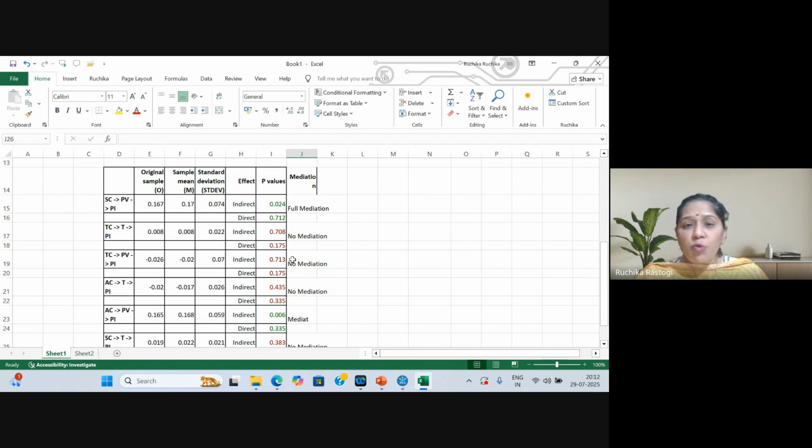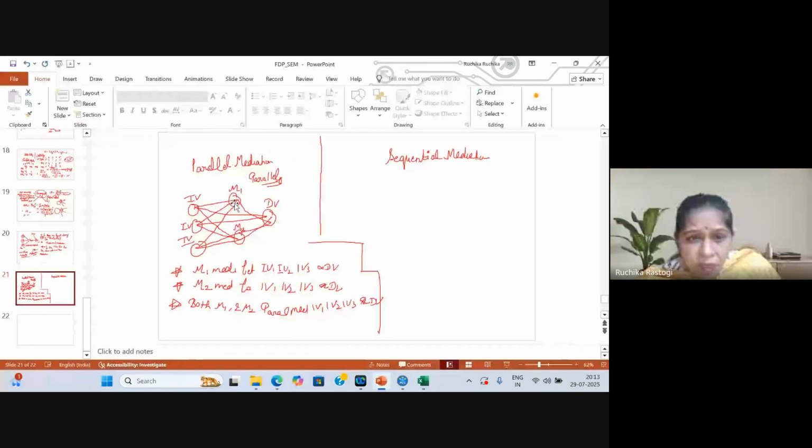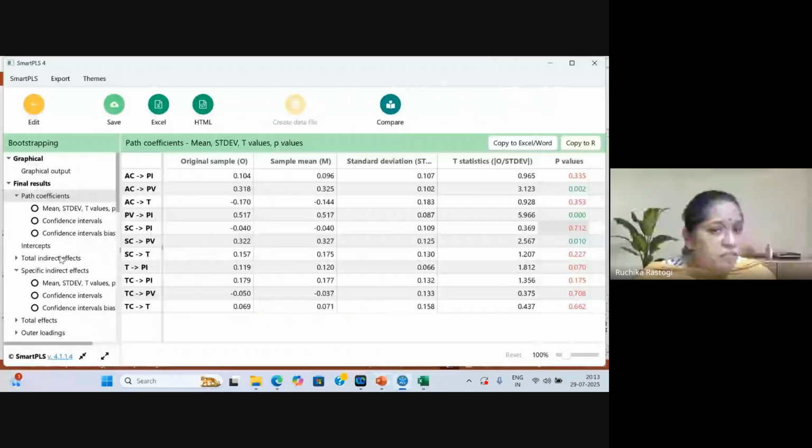The first hypothesis was the direct one. Both M1 and M2 are parallel effect.